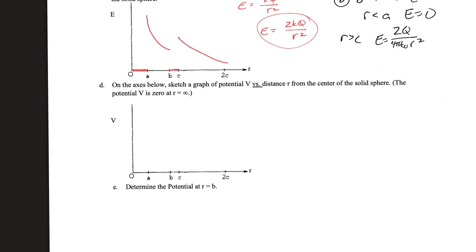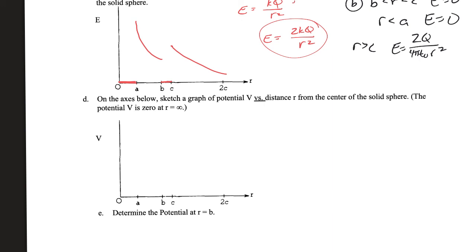Because the next thing is the electric potential. And they're thinking you're going to screw this up. I think for electric potential, we should work from the outside in. Because you can't just take this at face value.